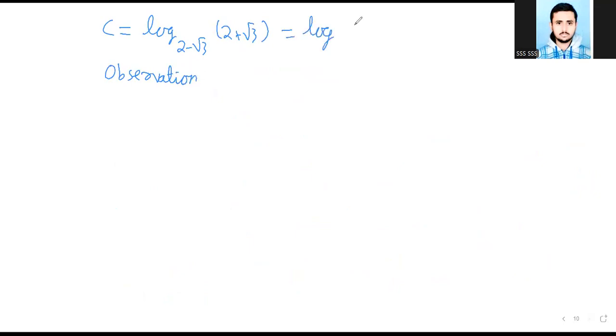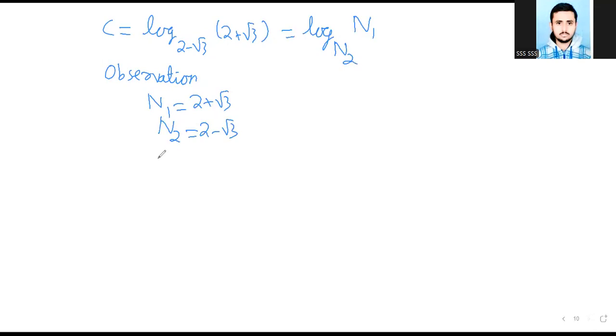Now, let's try and find the value of c. So c is log of 2 minus root 3, 2 plus root 3. Now for this we need an observation. If I say this is equal to log of some number n1 base n2, then n1 would be 2 plus root 3 and n2 would be 2 minus root 3.